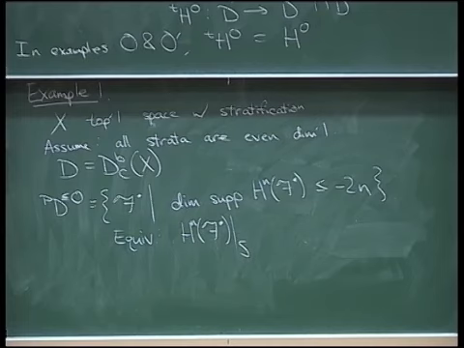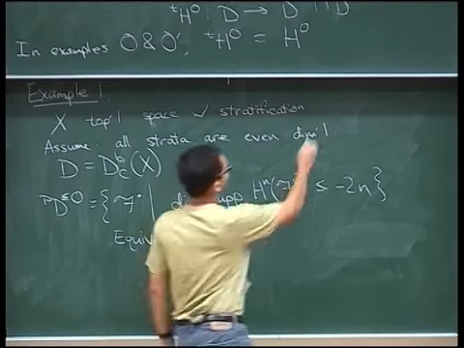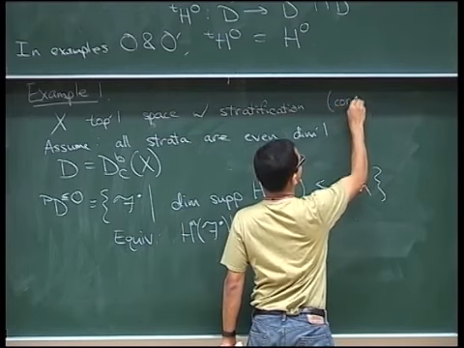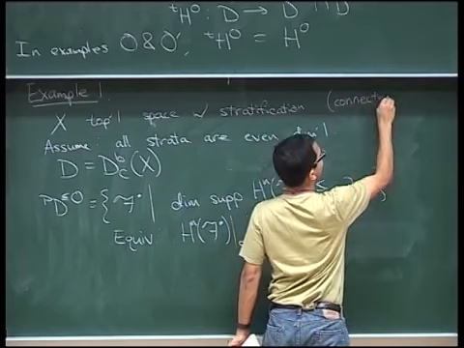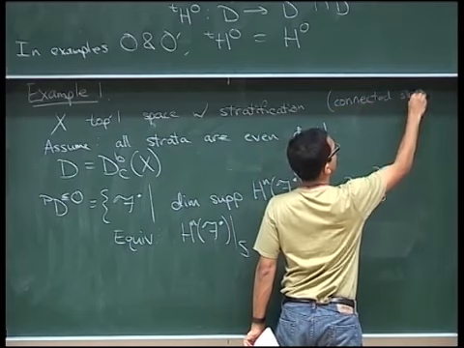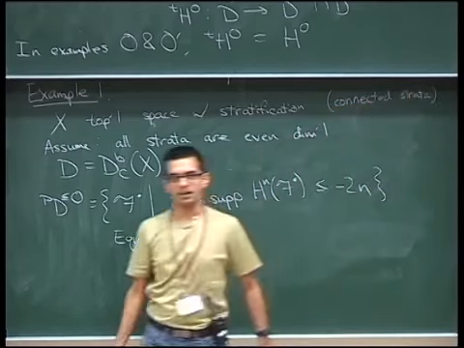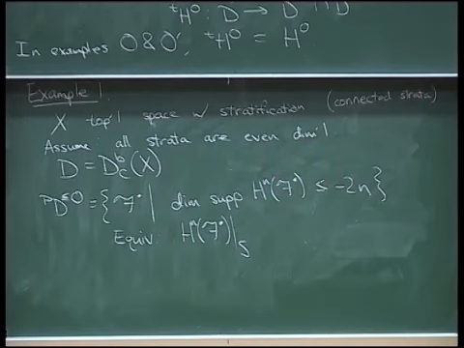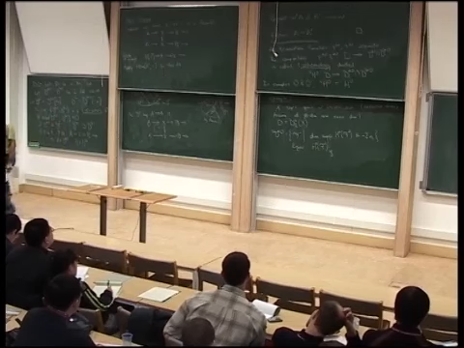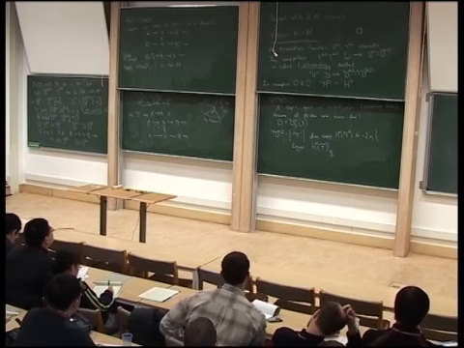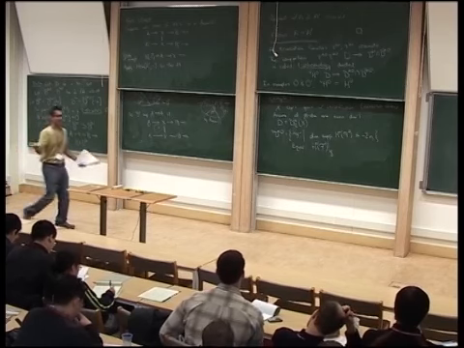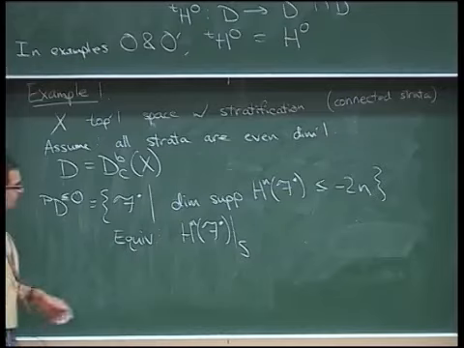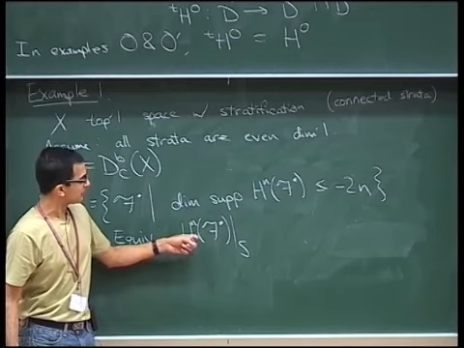So a local system on a stratum, I guess maybe the strata should be connected for what I'm about to say to make sense. For a local system on a stratum, either its support is the whole stratum or it's 0. So what can you say about when this has to be 0?